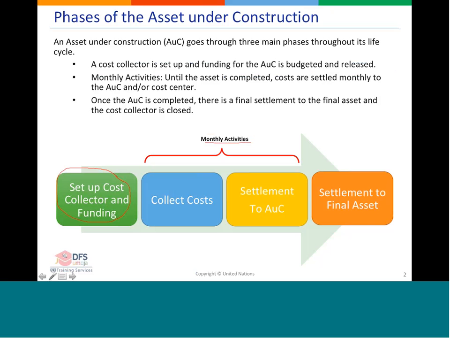One of the groups of activities is called collecting cost, and this is what we are going to see a little bit today and more in depth during next week, what it means, this collect cost phase that is done on a regular basis. Then this cost will be settled to the asset under construction, and once the asset under construction is completed, there is a final settlement to the final asset, and then the cost collector is closed.